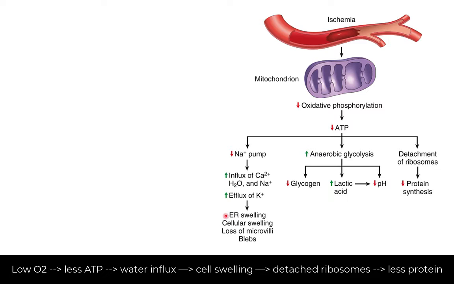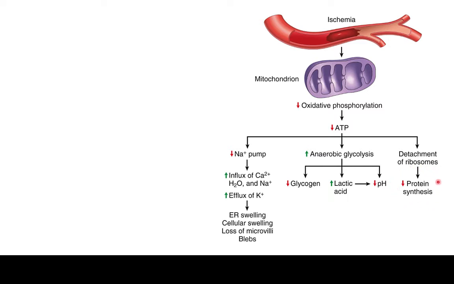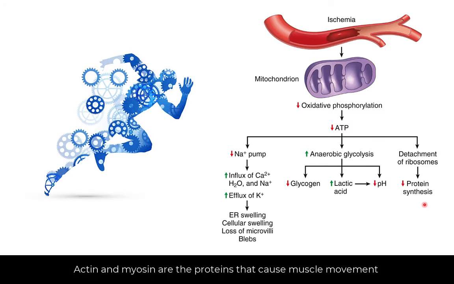The cell will swell, the endoplasmic reticulum will swell, detachment of ribosomes because of that, and decrease in protein synthesis. And of course, we know that proteins carry out a lot of cellular reactions. Enzymes are proteins, channels are proteins, hormones are proteins, everything. Proteins are the functional activities of the cell.